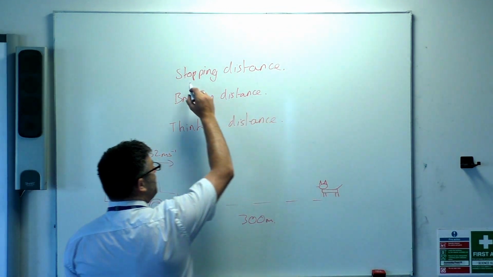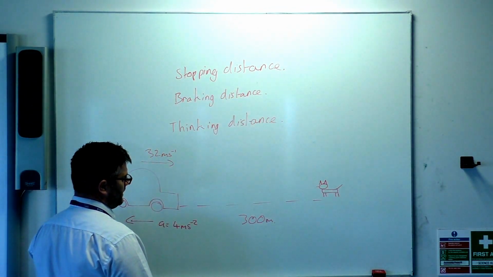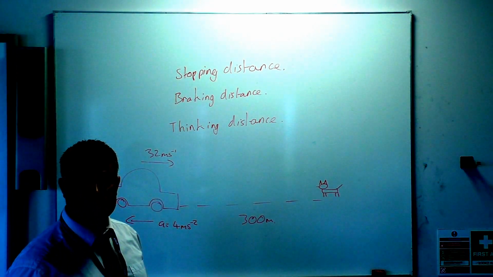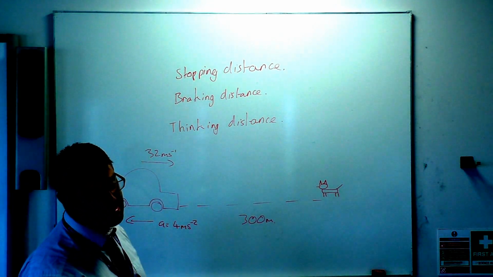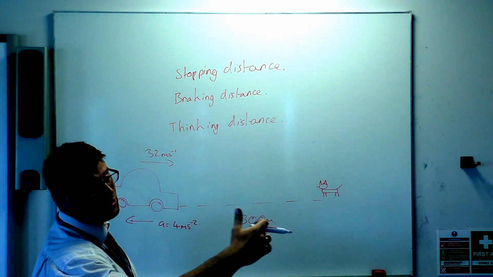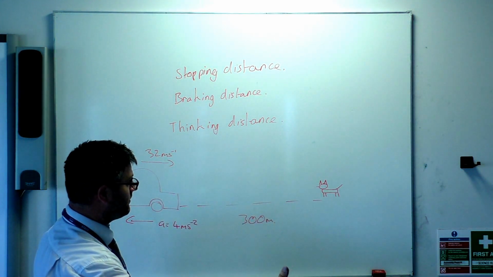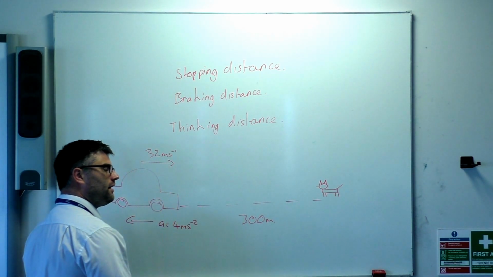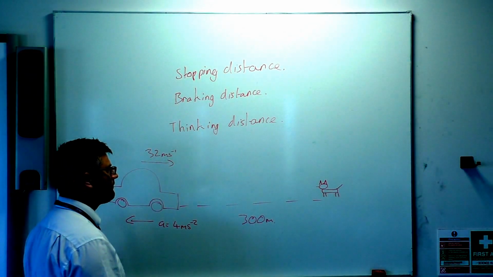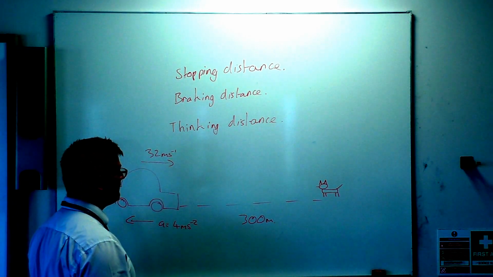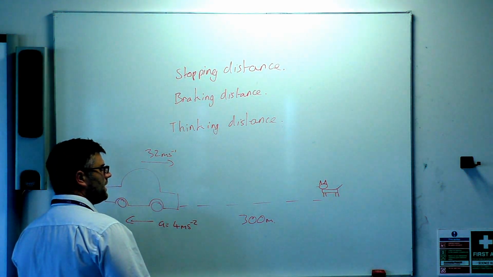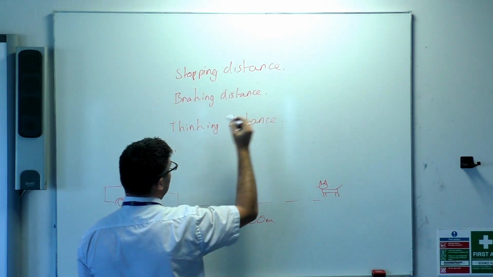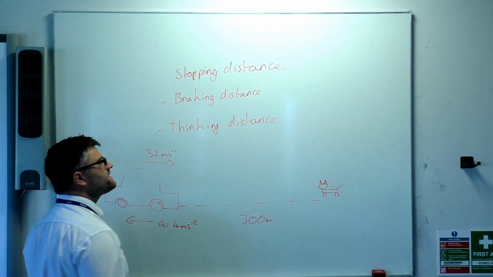What is the stopping distance of this car? Well, the stopping distance is the distance it takes for the car to come to a complete stop from when it sees the cat and puts its brakes on to a full stop. So this is the total distance travelled. So what is the braking distance and thinking distance?